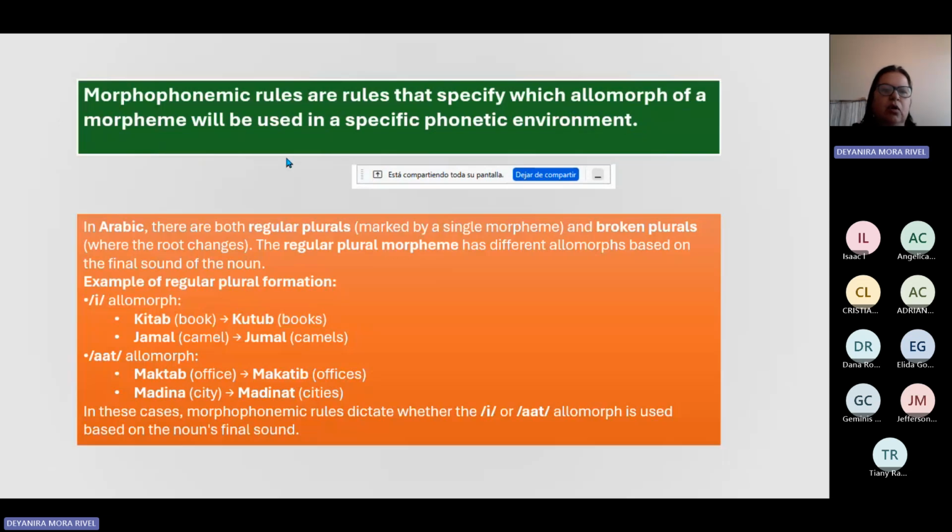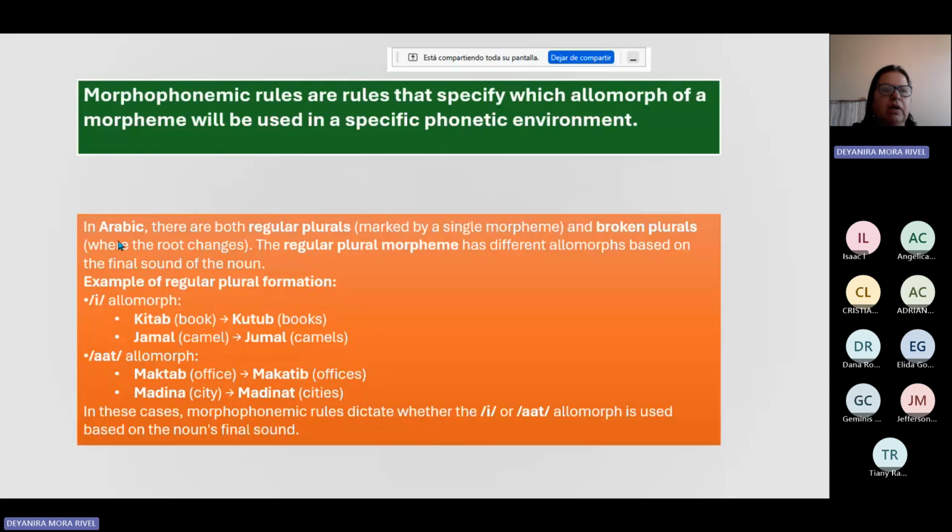Now here we're going to see for the first time something that is not English or Spanish, and it's this example. So I'm going to read it. In Arabic, there are regular plurals, like us, we have an S, marked with a single morpheme, and broken plurals where the root changes. The regular plural morpheme has different allomorphs based on the final sound.